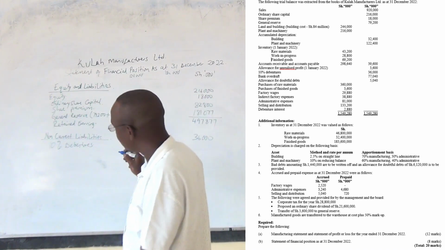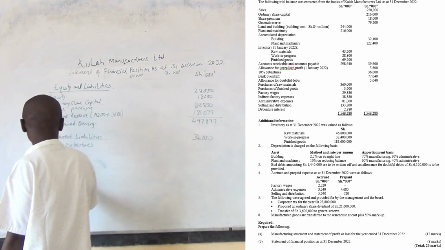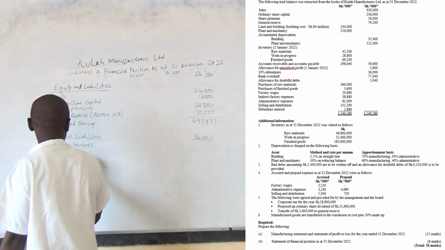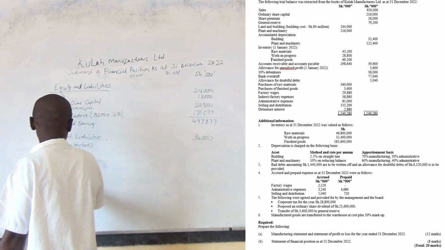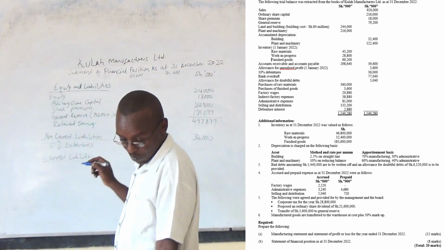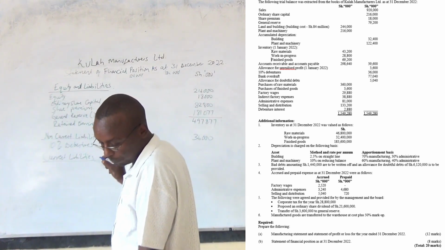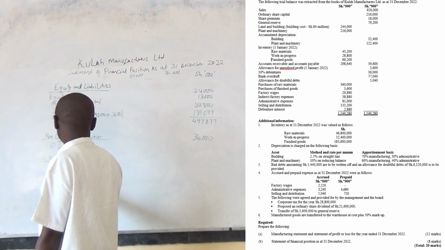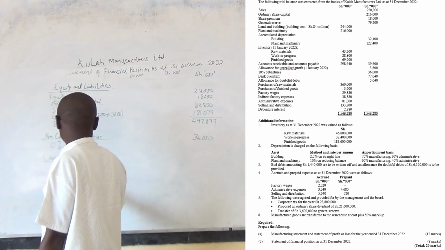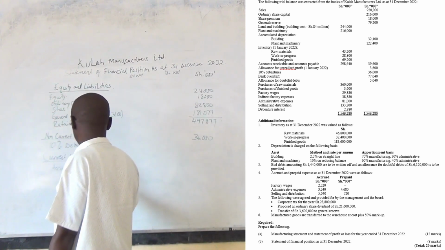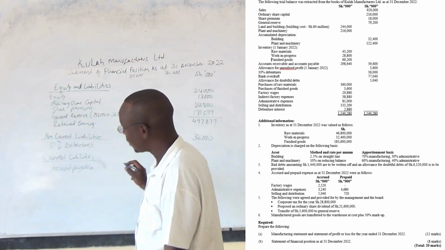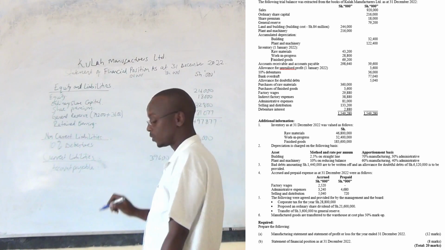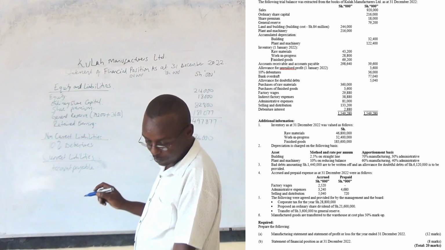Then current liabilities. Current liabilities, we have accounts payable, 39,600. We have accrued expenses.